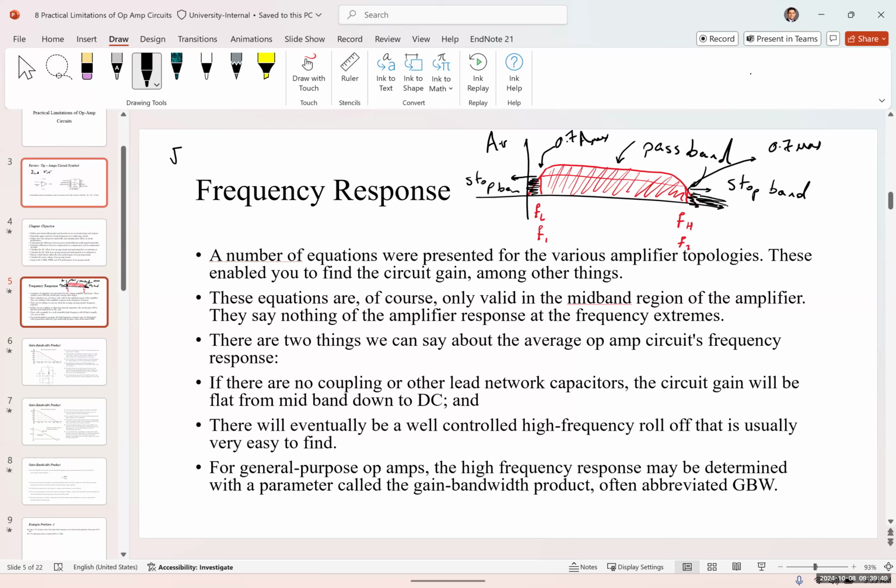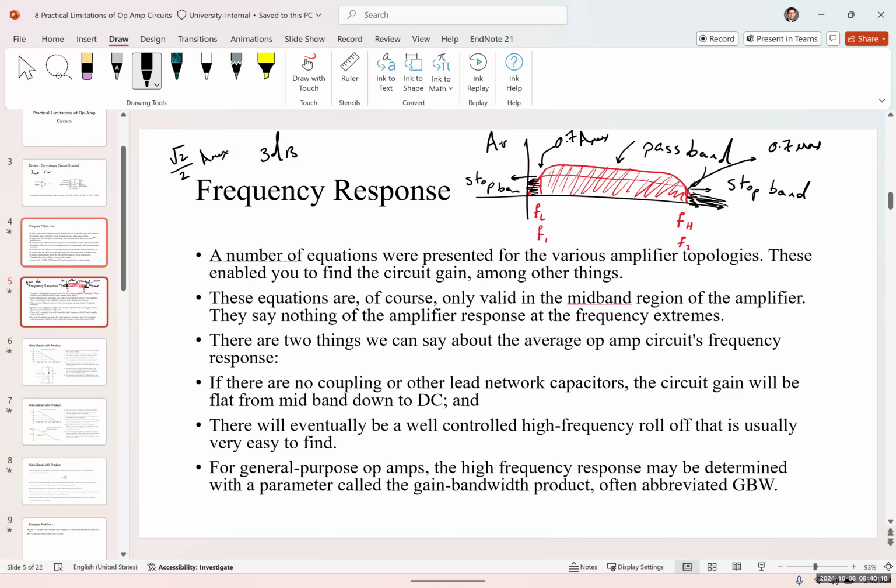So 0.7 is actually square root of 2 over 2 of A max, or 0.707, which is what we call the 3 dB drop. For example, if our maximum gain in an op-amp is 20, when the gain reaches 14, that is our cutoff frequency. We would increase or decrease our frequency until we reach that gain of 14.